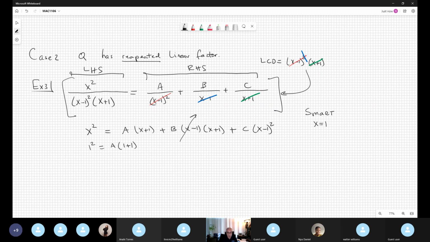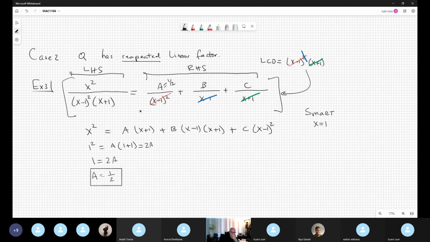That part is gone, and that part is gone. Do you see this or no? Yes or no? Now, 1 plus 1 is 2. This is 2a. And 1 squared is 1. 1 is equal to 2a. Therefore, a is equal to 1/2. Okay, this is equal to 1/2. Later I want to express it and get it away, but at least I know it's 1/2.